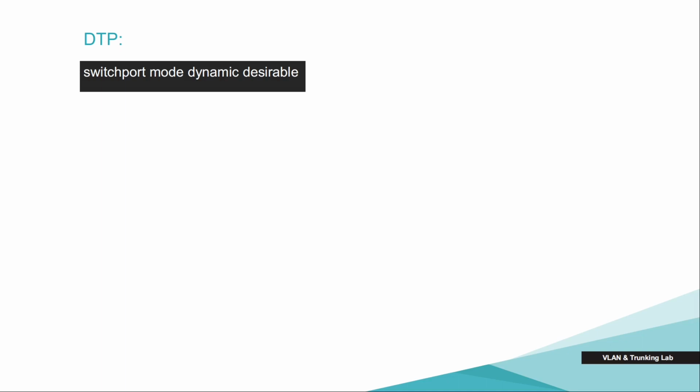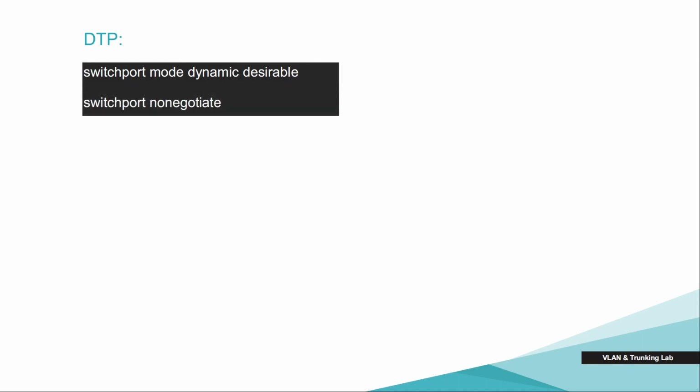We can deploy this on one side only because by default DTP is enabled on the interface and will automatically change the other side to trunk. However, although we have the DTP protocol on the CCNA, it is not recommended to enable the negotiation on the interface. So let's do the lab for DTP.